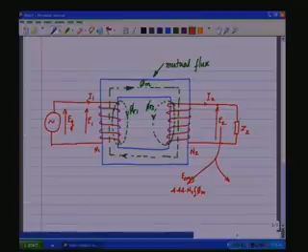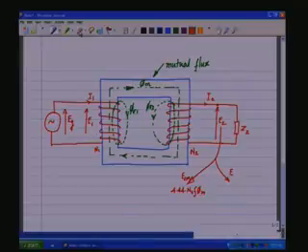Then there is the other component which is due to the leakage flux here, phi sigma 2, which is also linking the N2 coils, and that would be, let us say, E sigma.